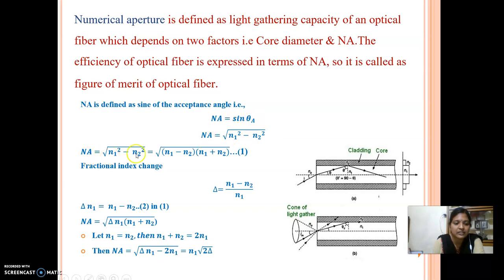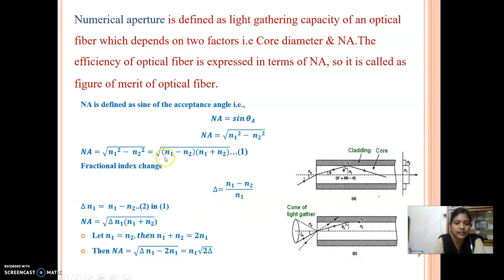So root of n1 square minus n2 square can be written as n1 minus n2 or n1 plus n2, we know. So now from here we will define one more term called fractional index. Fractional index is defined as the difference between the refractive index of core and cladding to the denominator refractive index of the core here. So just arranging the terms, delta n1 is equal to n1 minus n2.